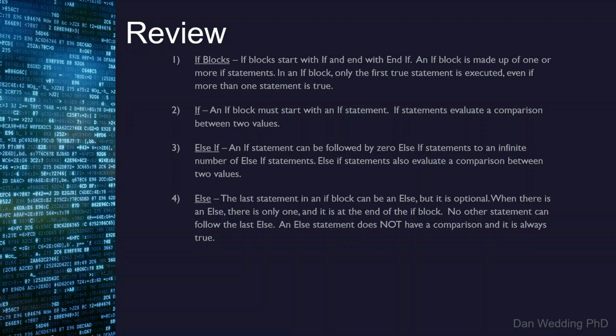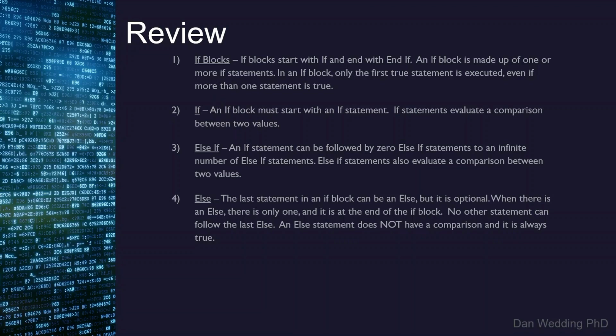In review, if blocks start with if and end with end if. An if block is made up of one or more if statements. In an if block, only the first true statement is executed, even if more than one statement is true. An if block must start with an if statement. If statements evaluate a comparison between two values. An if statement can be followed by 0 else if statements to an infinite number of else if statements.